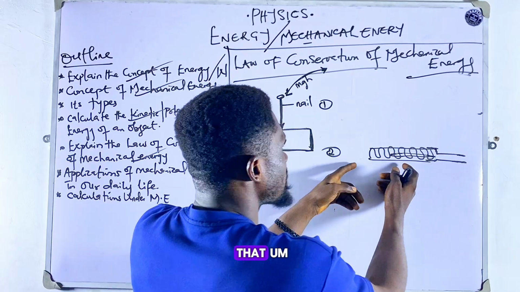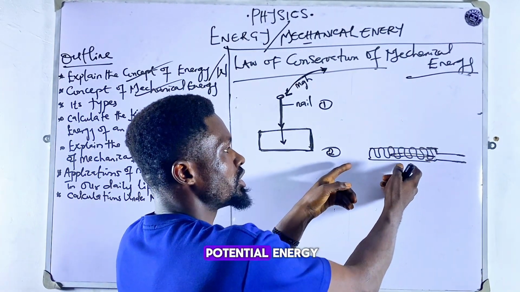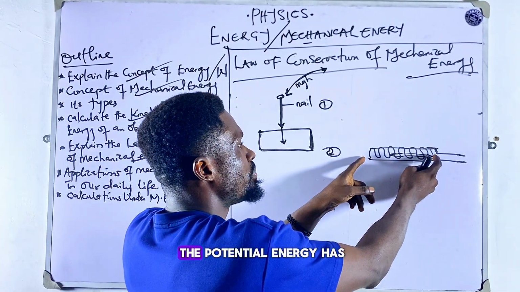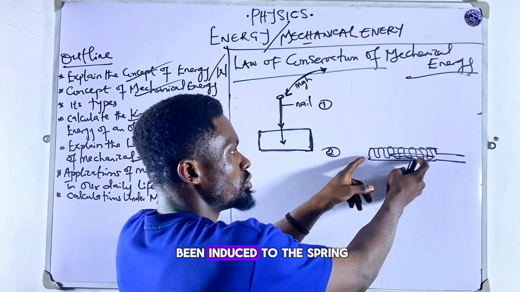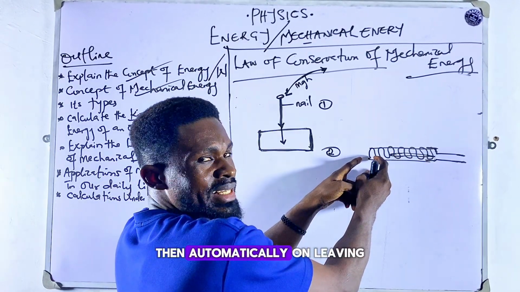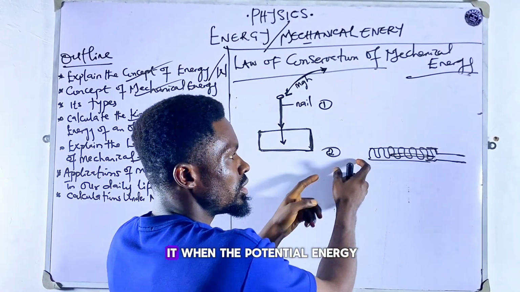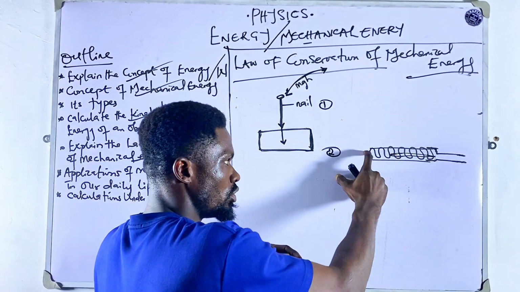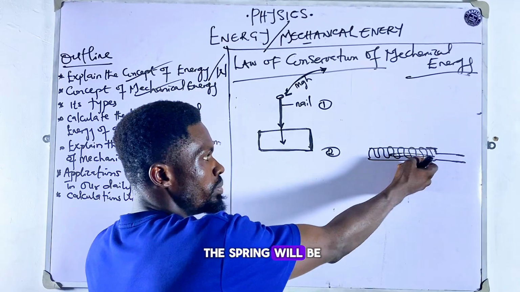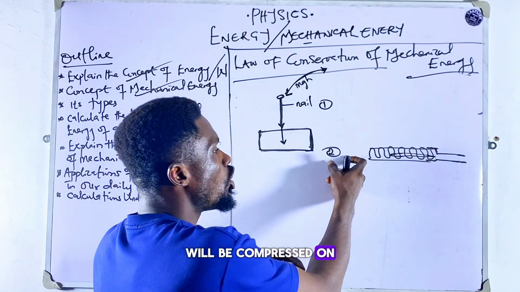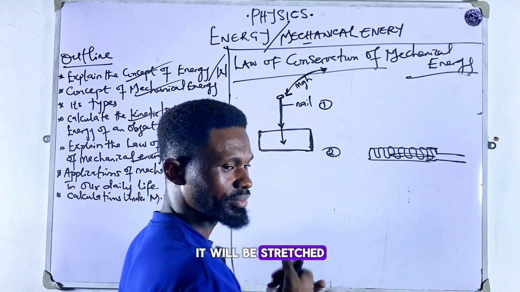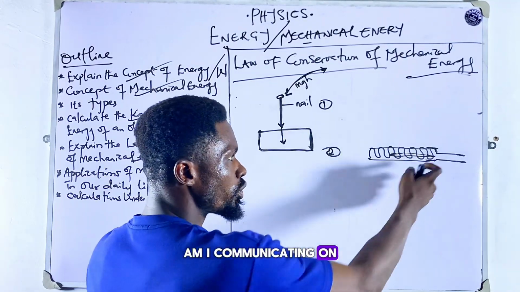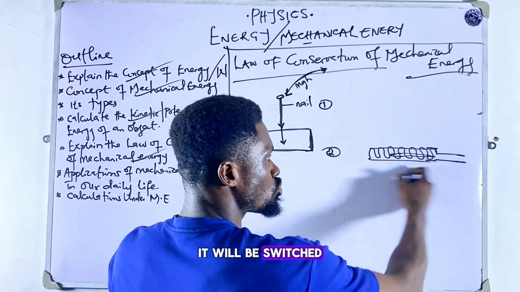So under that stretched or compressed spring potential energy, you find out that the potential energy has been induced to the spring. Then automatically, when the trigger is released, the spring that was compressed will be stretched on releasing it. Am I communicating?